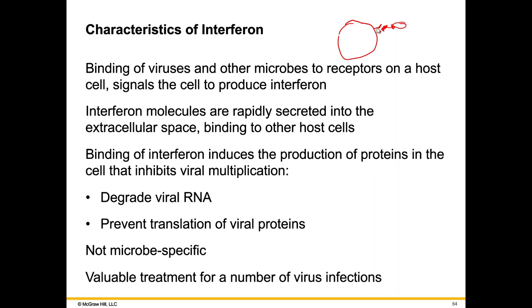We'll say this is a neutrophil, hypothetically, a white blood cell, and it interacts with this protein on our bacteria cell. It can cause it to produce the cell interferon. And interferon is a molecule that's going to be then secreted in the extracellular matrix, and it's going to bind to other host cells. When I say host cells, I'm talking about your cells.